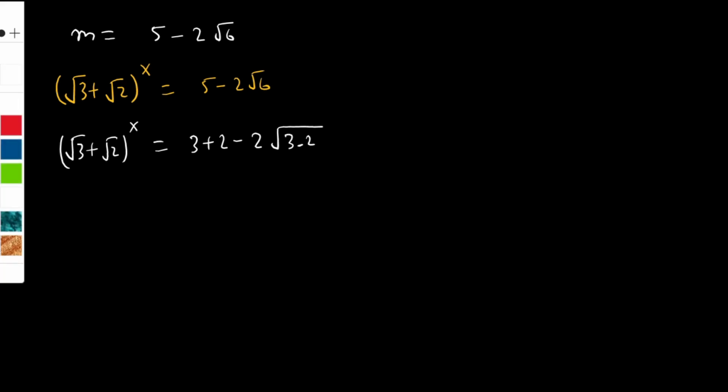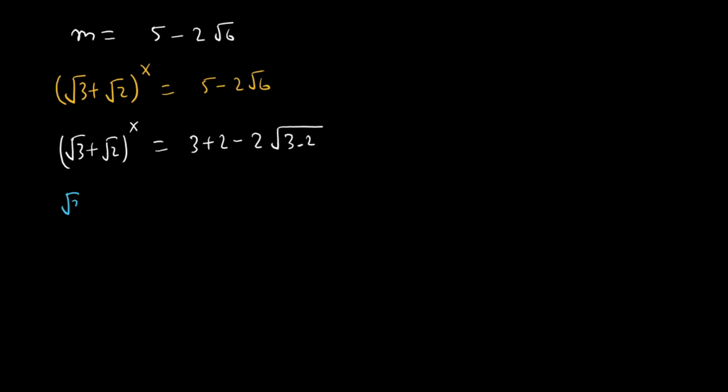Here in the left hand side, (square root of 3 plus square root of 2) whole power x equals, this 3 is the same as (square root of 3) power 2 plus, and this 2 is the same as (square root of 2) power 2 minus 2 times, here square root of 3 times 2 is the same as square root of 3 times square root of 2.